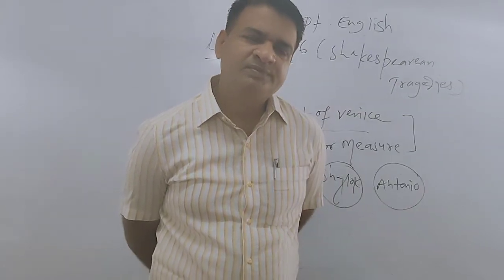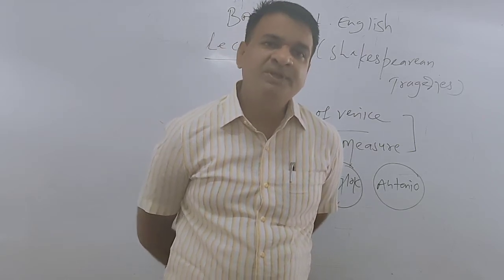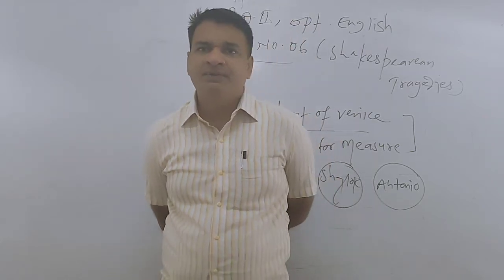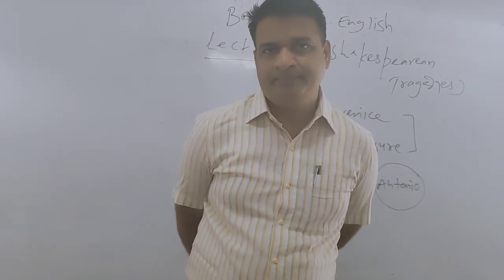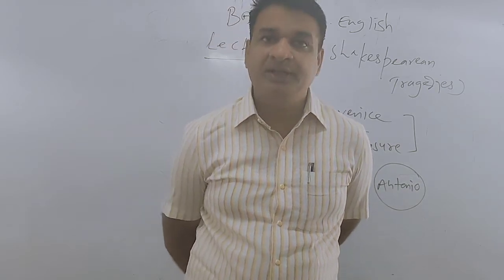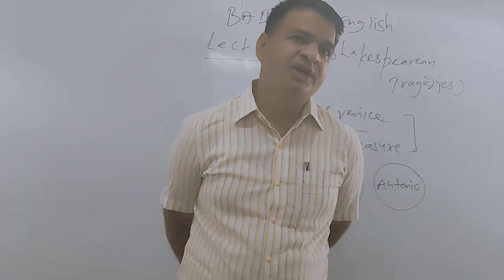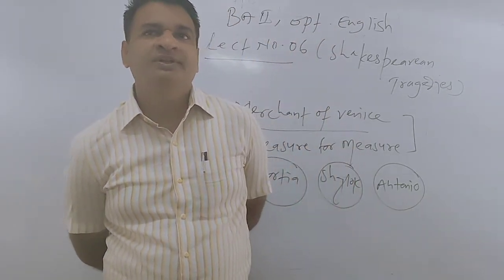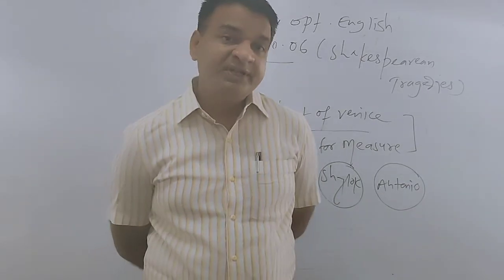So Antonio takes money from Shylock. And he has promised him that he will return it in the given time. Shylock also was a very clever, villainous, jealous man. So he put a condition that if he couldn't return the money in the given time, he will take whatever action he wants.